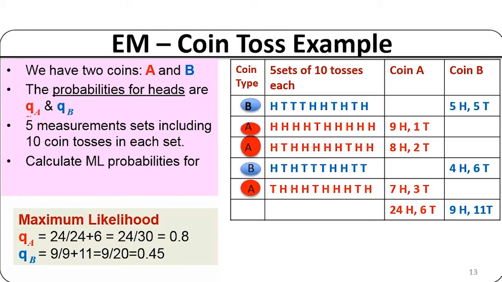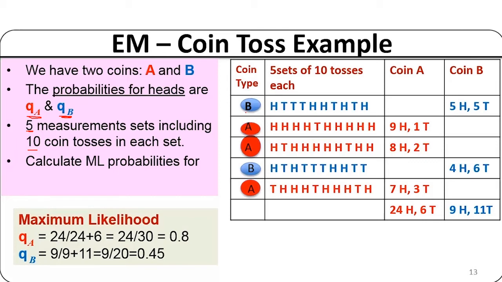The probability of heads for coin A is QA, and the probability of heads for coin B is QB. For each coin, we take 5 measurement sets, that is 5 repetitions, including 10 coin tosses in each set.